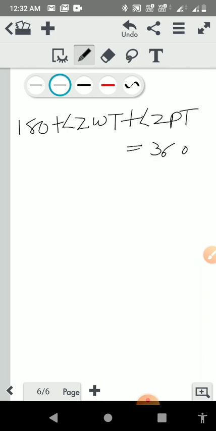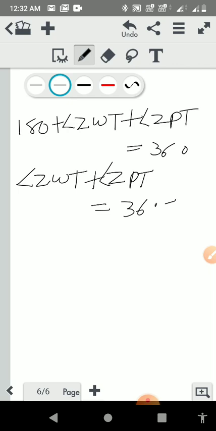Now I can calculate angle ZWT plus angle ZPT, which is equal to, I just have to subtract 360 minus 180, isn't it?